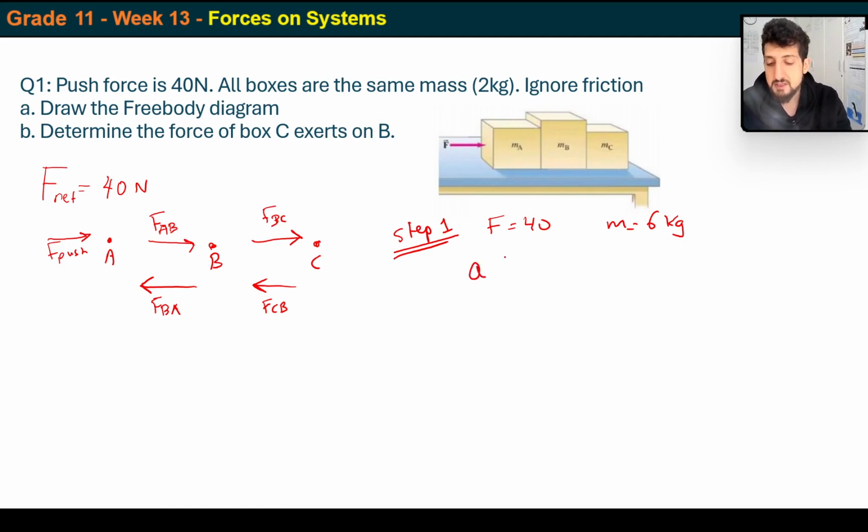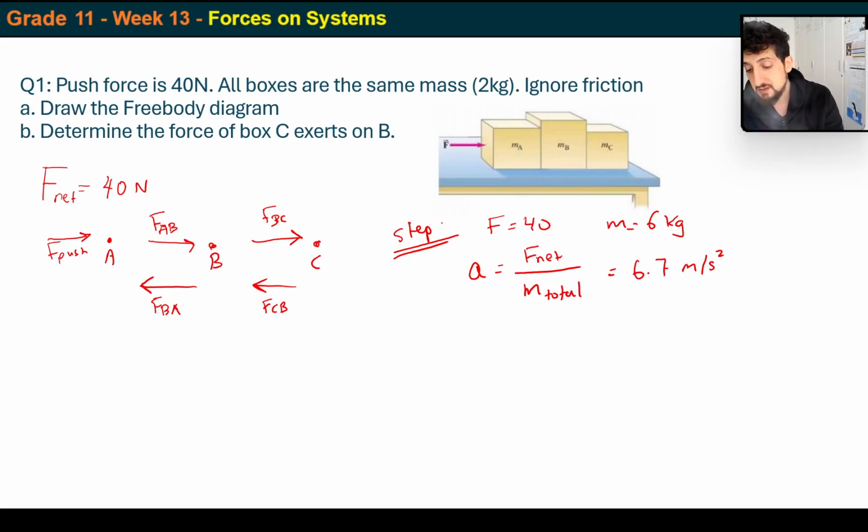And so the acceleration is going to be the net force over the total mass. And the way we write that is F net over m total. And that's going to equal 40 divided by 6, which is 6.7 meters per second squared.